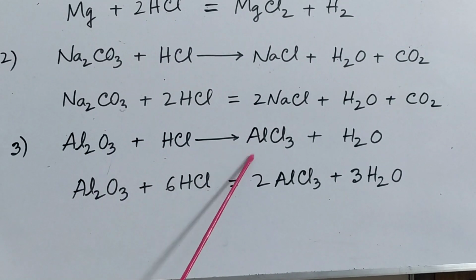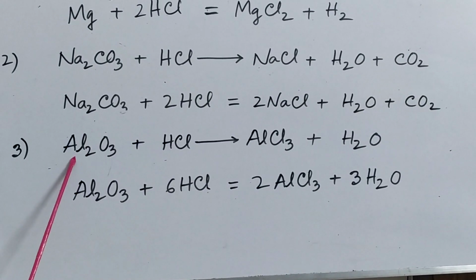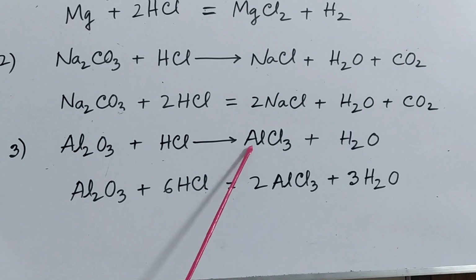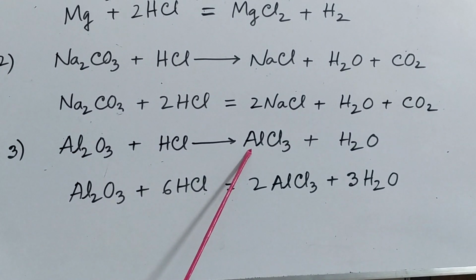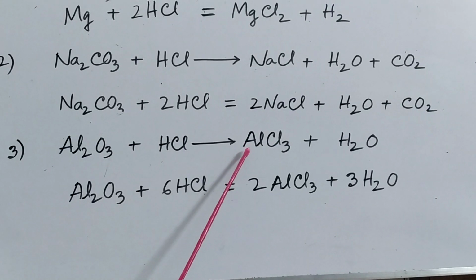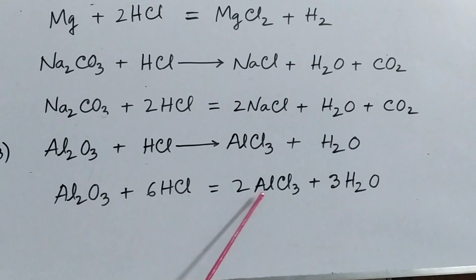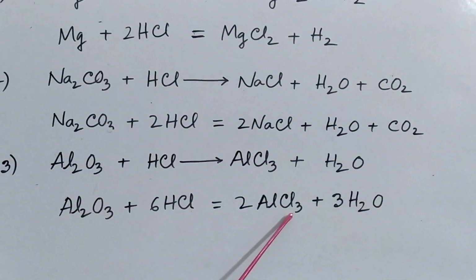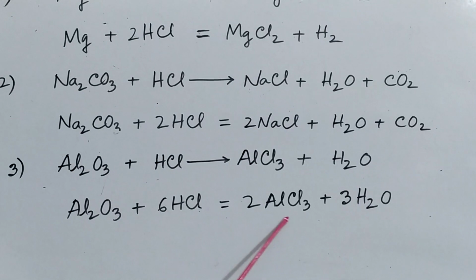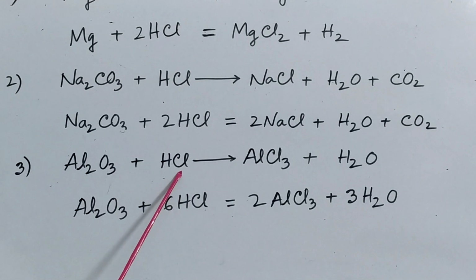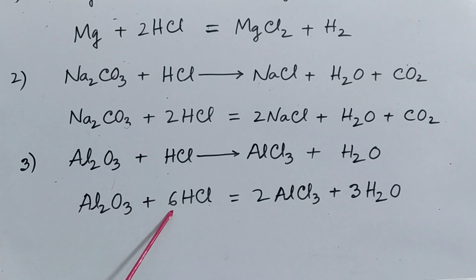How? We see that here the number of atoms of aluminum is 2, but in aluminum chloride the number of atoms is 1. So to make it equal I have to write 2 here. So now aluminum is 2, but now the number of chlorine is 6. So in the left side chlorine is 1. So to make it equal I have to write 6.